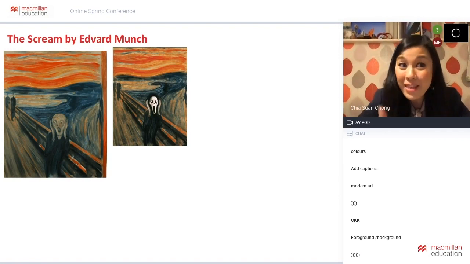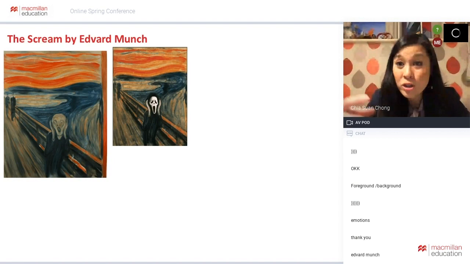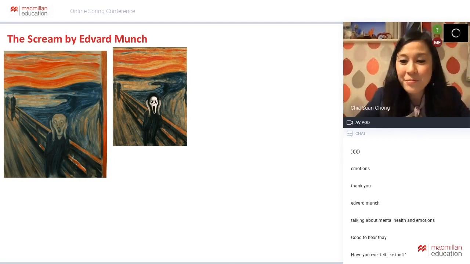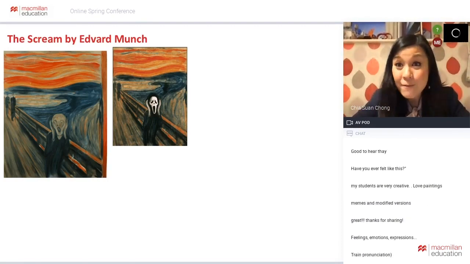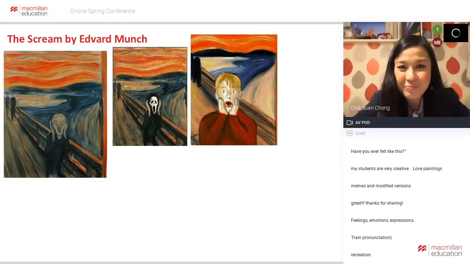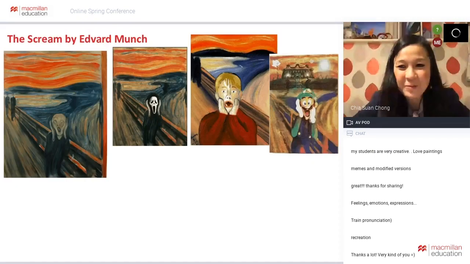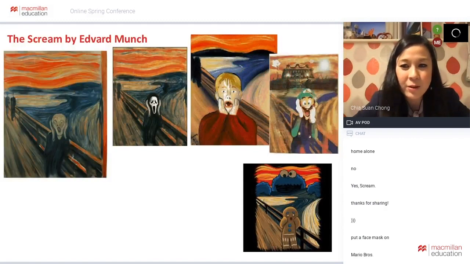So knowing that this is The Scream, we can start to talk about the popular culture and the influence that The Scream has on popular culture and how it's been recreated. Let's have a look at how The Scream has influenced popular culture. Familiar with that one? Home Alone, or Mario, or Luigi if you are fussy.